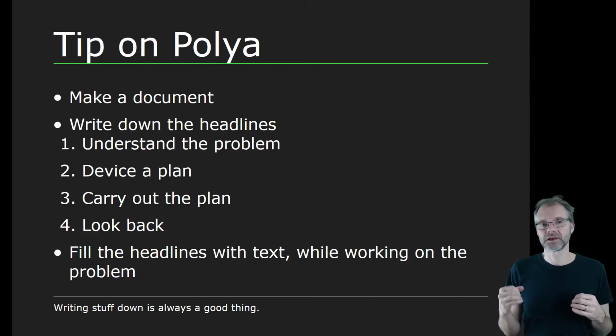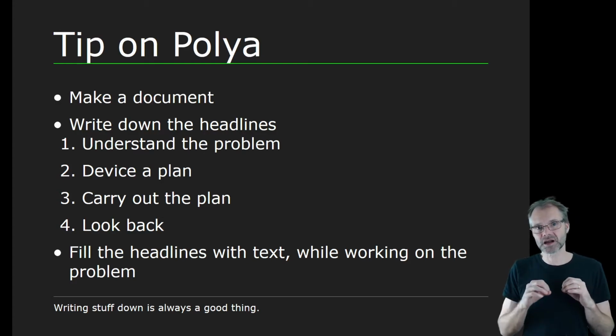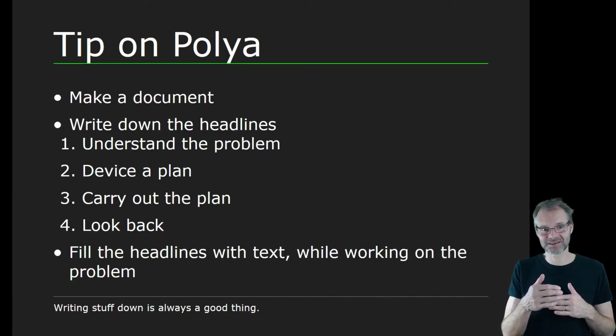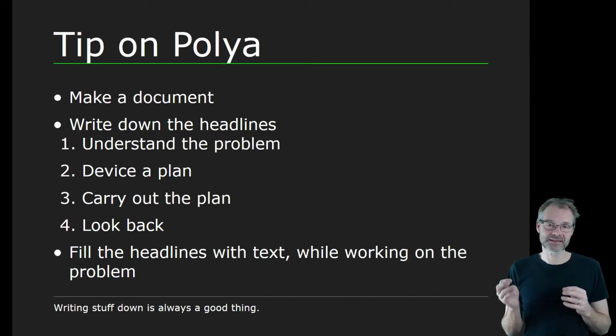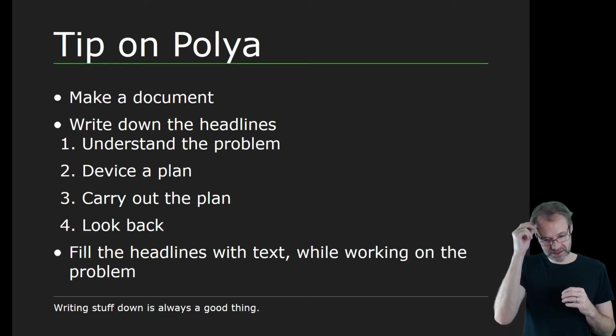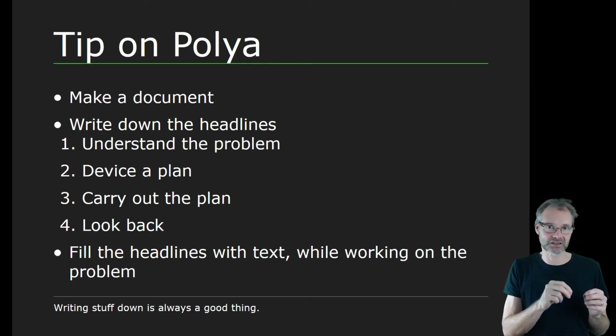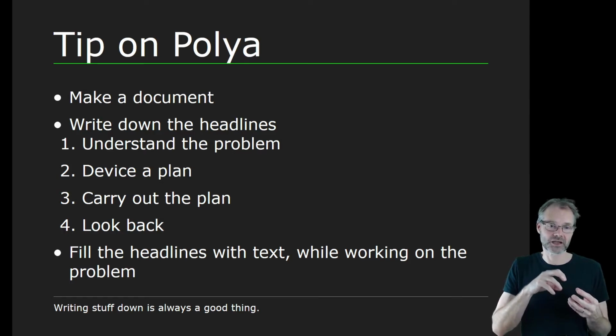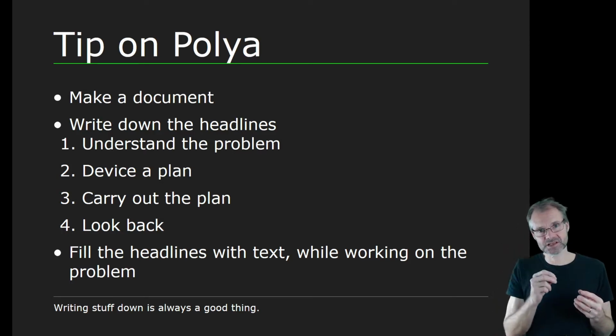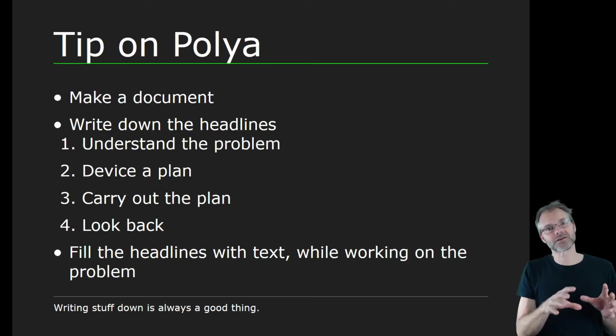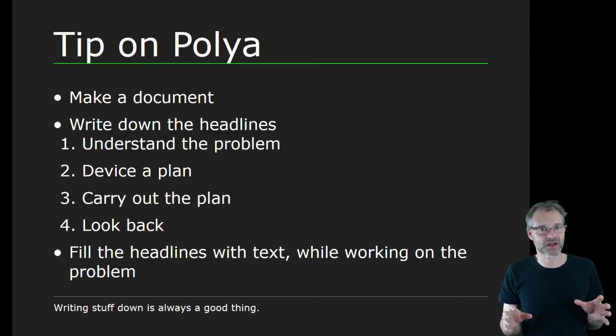Write it down and use the headlines, Polya 1 to 4, and below each headline you just write what you're actually thinking of doing, breaking it down into these 4 Polya headline sections. And this could be good. It's like taking a thought out of your head and putting it into a document. And this is also a way to relieve some stress from your mind. You know you have it in a document, so I don't need to think about it right now.